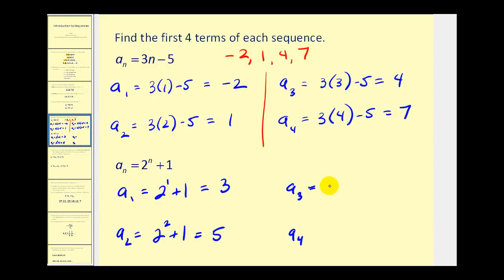And for a sub 3, we have 2 to the power of 3 plus 1. That would be 8 plus 1, or 9. And then lastly, a sub 4 would be 2 to the fourth plus 1. 2 to the fourth is 16 plus 1, so we have 17. So the first four terms of this sequence would be 3, 5, 9, and 17.